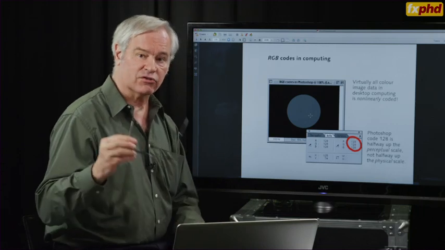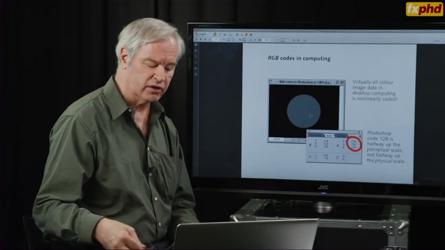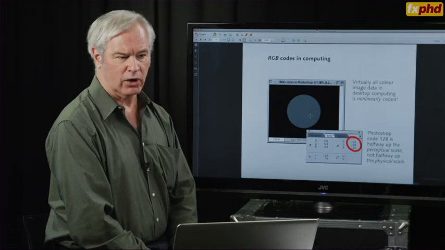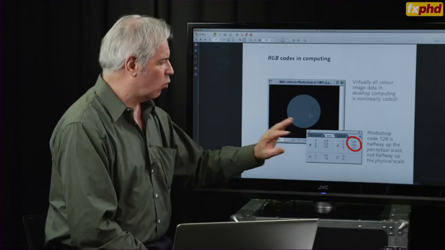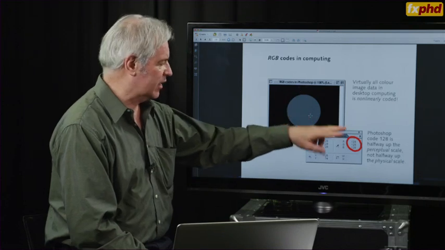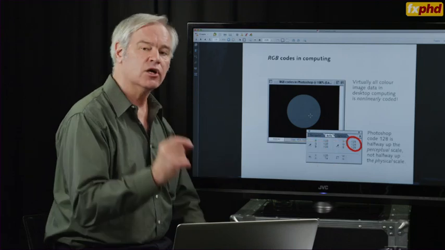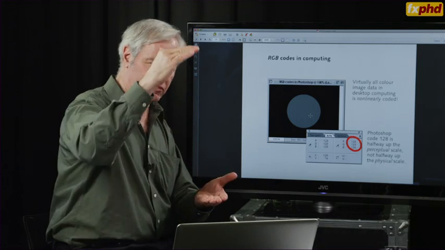So let's talk more about this concept of perceptual coding, and I'll give you my other kind of hinge point for this discussion, what I call code 100. And that refers to what the gray level would be if you had a Photoshop picker 100, 100, 100, using integer 8-bit numbers, 100 on the scale from 0 to 255.